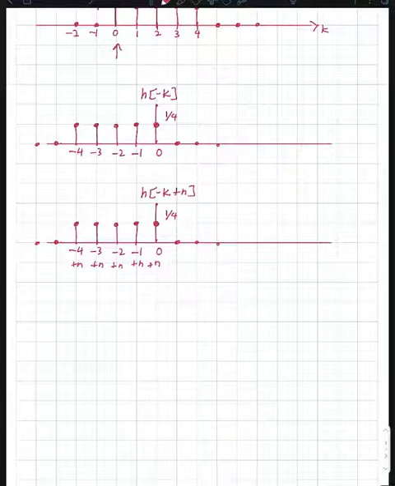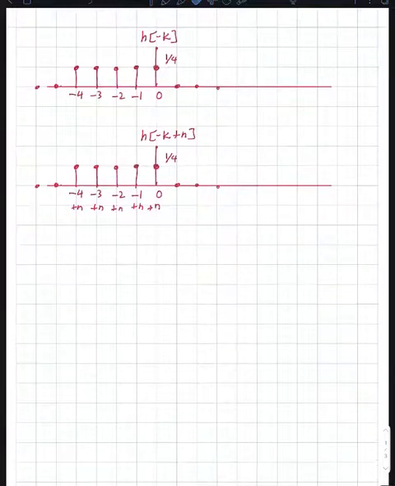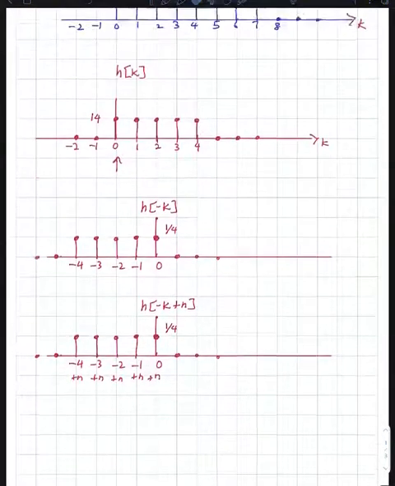After flipping it, we don't know what n is right now, so just imagine n equals 1. If that's 1, then this point is going to be 1, this is going to be 0, and this is going to be minus 1, minus 2, and minus 3. So n is just a number, just a parameter. That is h[n minus k].